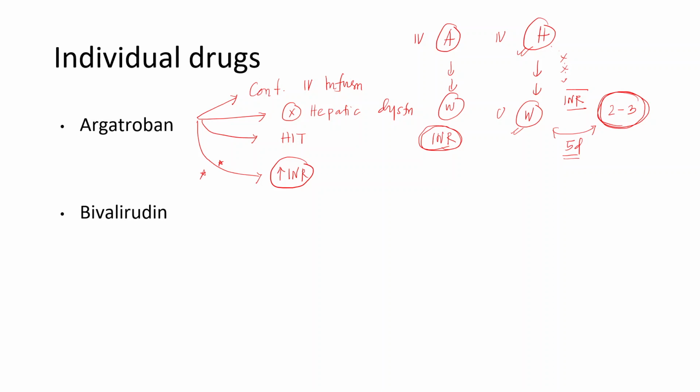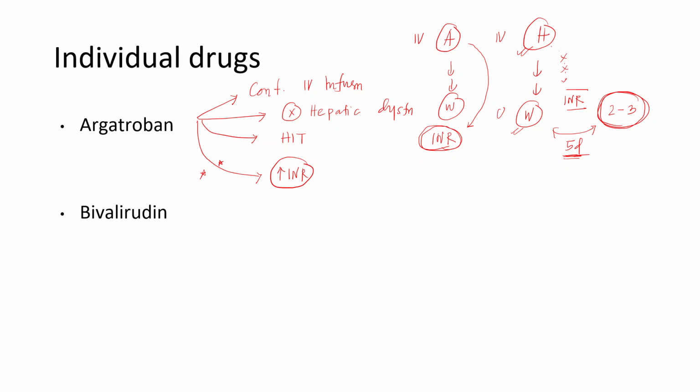I told you that argatroban will also increase the INR, so it will give a falsely high INR level. So we'll have difficulty in stopping the IV anticoagulant, because argatroban is falsely increasing the INR. So instead of these 5 days, the INR may come to the therapeutic level falsely within maybe 1 to 2 days.